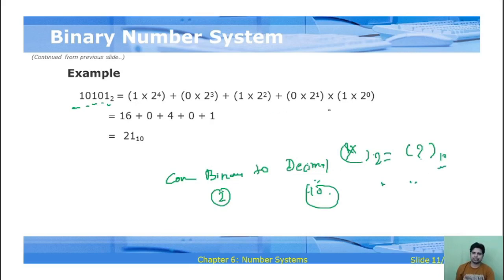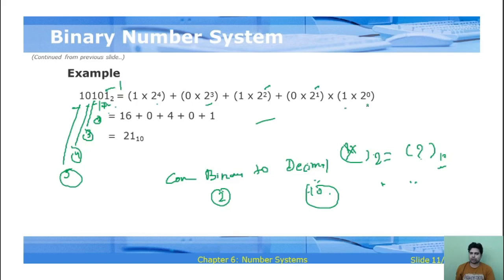So from binary to base 10 is converted as follows. Just see here, the first number, second, third, fourth and fifth. Clear? In the case of binary, we use base 2 to the power 0, 2 to the power 1, 2 to the power 2, 2 to the power 3, 2 to the power 4.